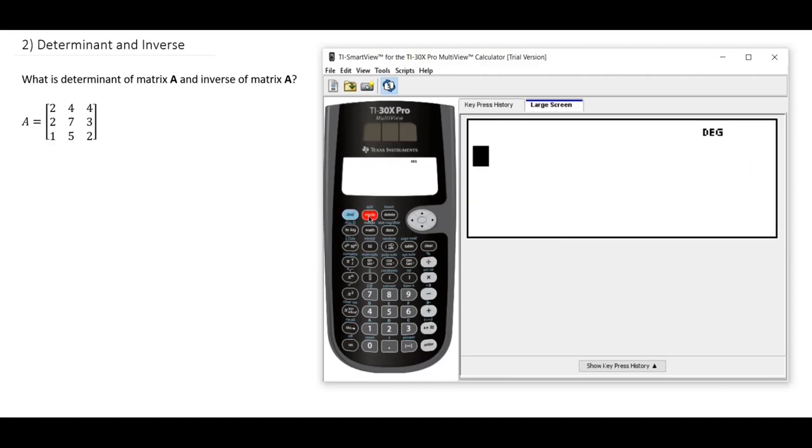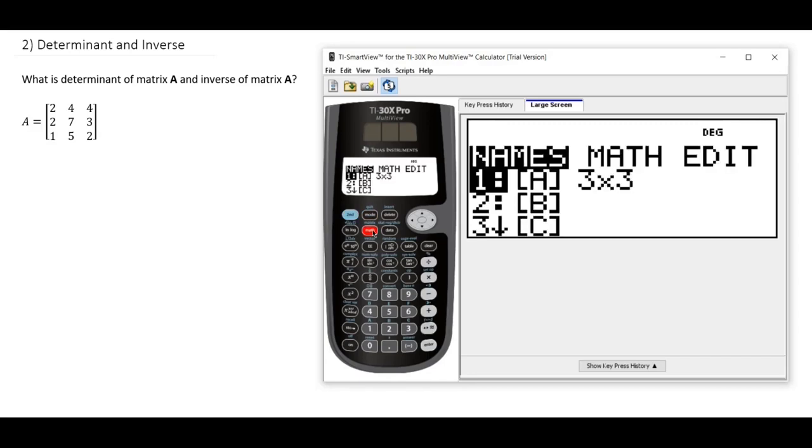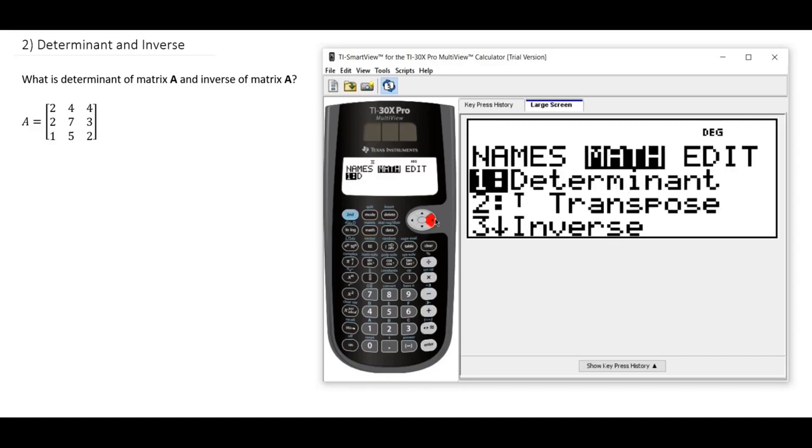So once we enter the values for matrix A, we need to specify that we want to find the determinant of matrix A. So now we need to enter a determinant into the calculator. We can do that by going into second math, scrolling over to math, and now the first option is determinant. So we press enter.